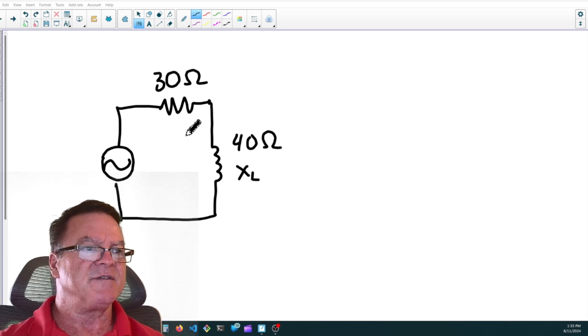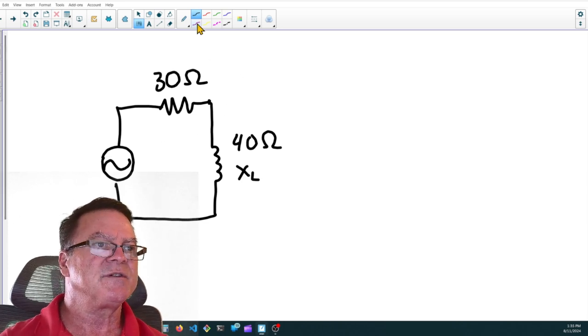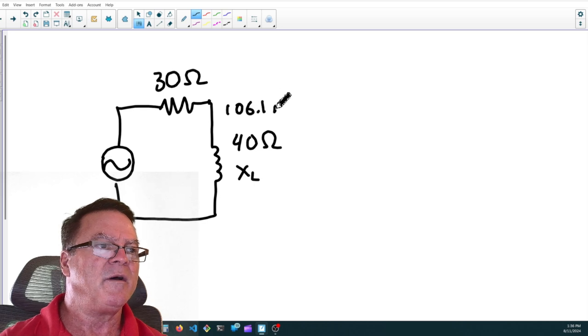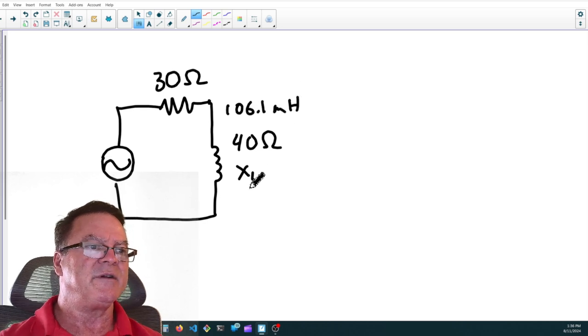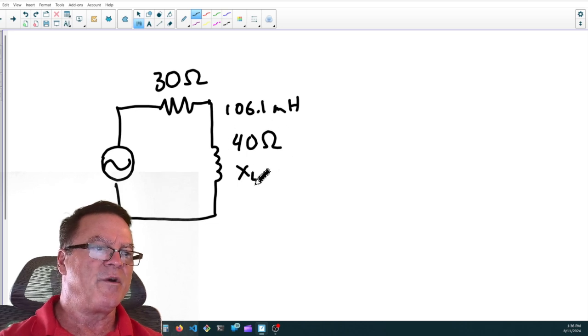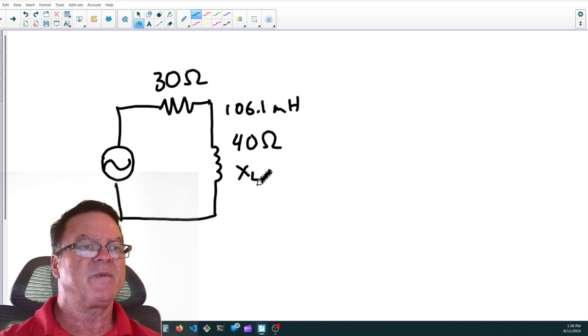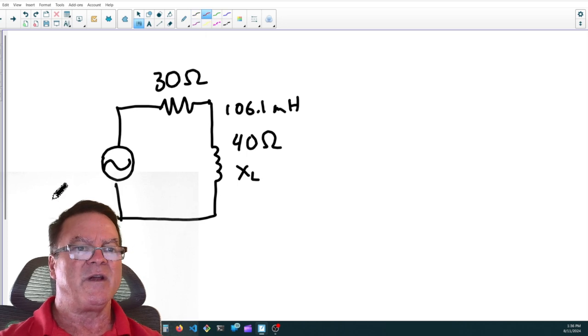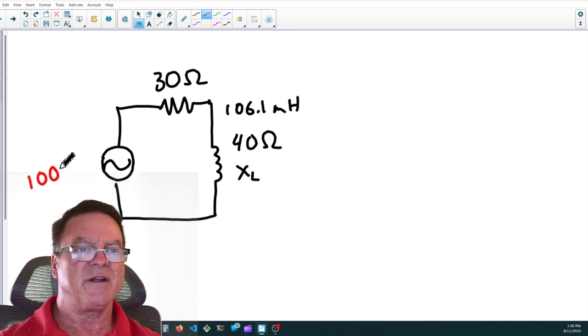So that's the size of this inductor. It's 106.1 millihenries, but it's 40 ohms of inductive reactance. And we're going to say we have 100 volts at our source.